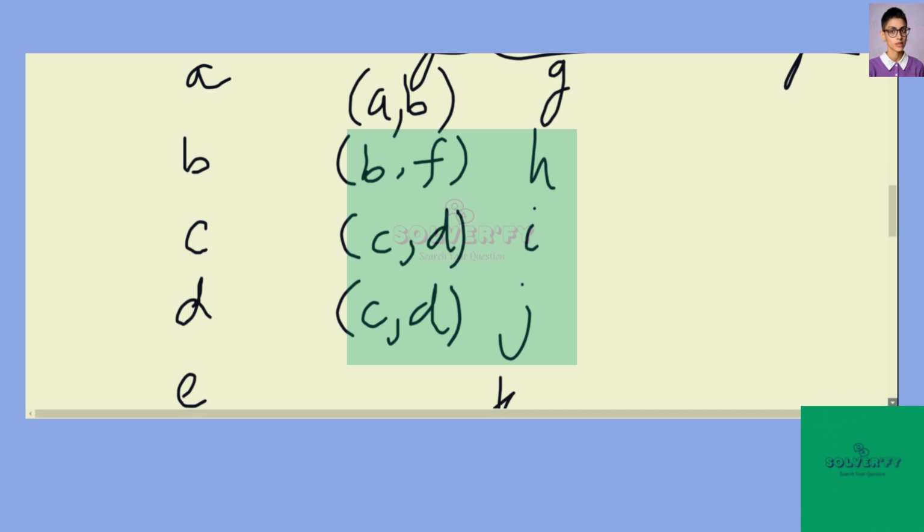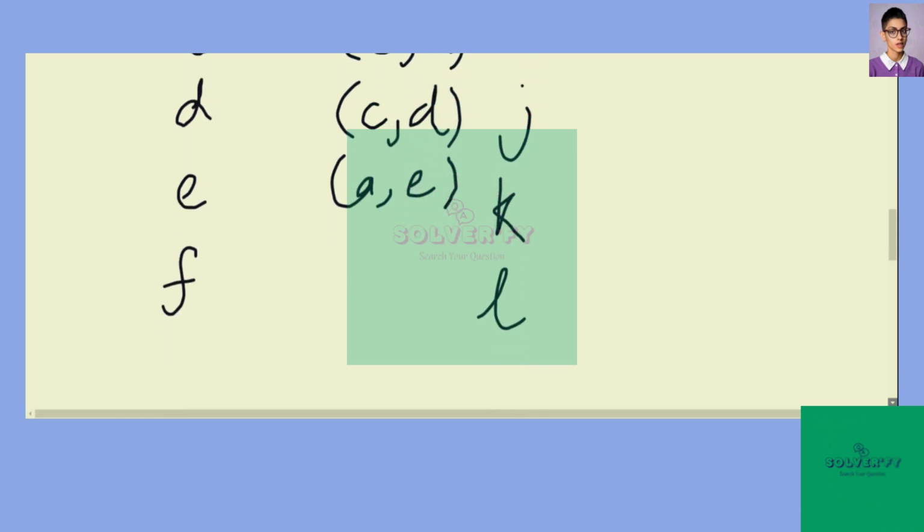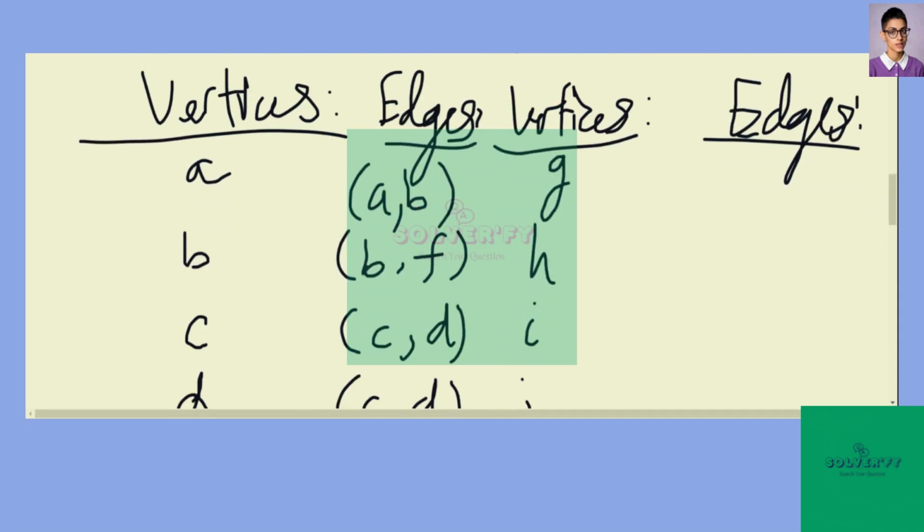The edge incident to E with the smallest weight is AE with a weight of 3. The edge incident to F with the smallest weight is BF with a weight of 1. The edge incident to G with the smallest weight is CG with a weight of 2.